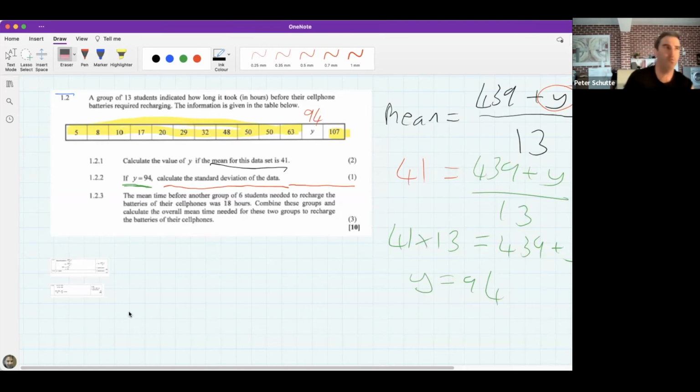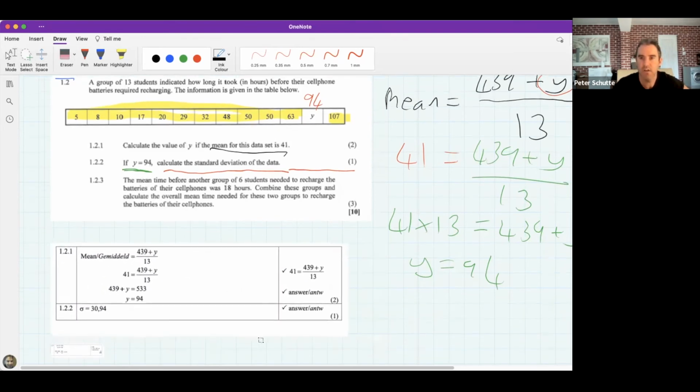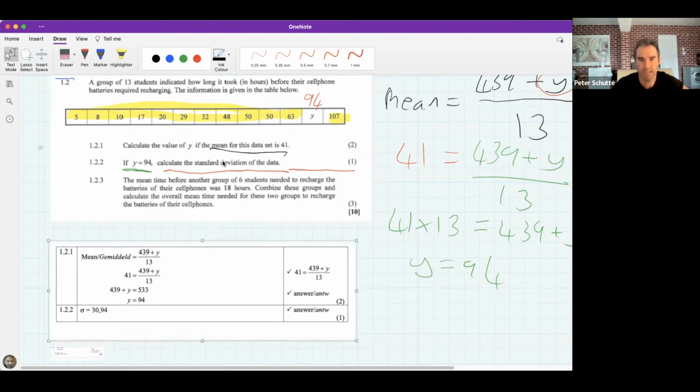So remember, when you're working out the standard deviation, you go mode 2, and then you go into stat, and then you enter your data, which would be 5, 8, 10, and so on. Then you go mode stat, and then I think it's 4. I see a lot of students are getting 30.94, so let me check my answer sheet. And you should be getting, yeah, 30.94.